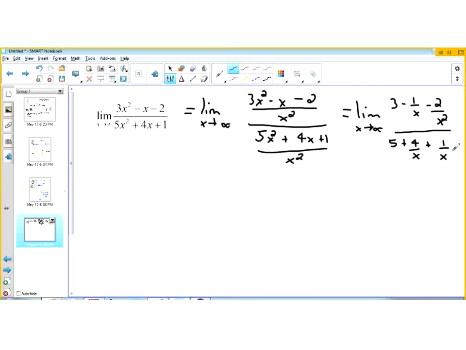All right, and then we can, of course, now since the function is defined as x approaches infinity, we're good to go with the limit laws. So we can take the limit operator and essentially distribute it term by term to every term in the rational function. So right now I'm just deploying the limit laws.